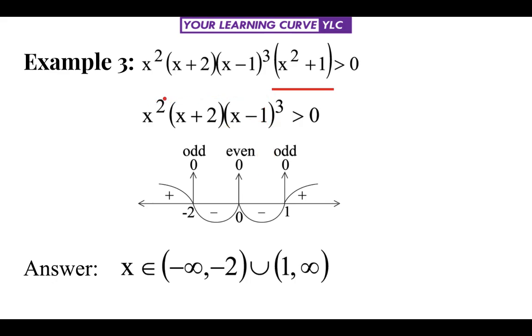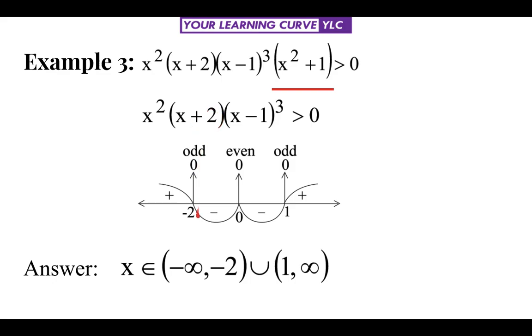Here the powers are varying, so we'll note down the powers first. Let's write down the rules first. This factor will be 0 for x is equal to 1. This factor will be 0 for x is equal to minus 2, and this factor will be 0 for x equal to 0. So, minus 2, 0 and 1. Now, 1 comes from this bracket, it has got odd power, so we'll write down odd.